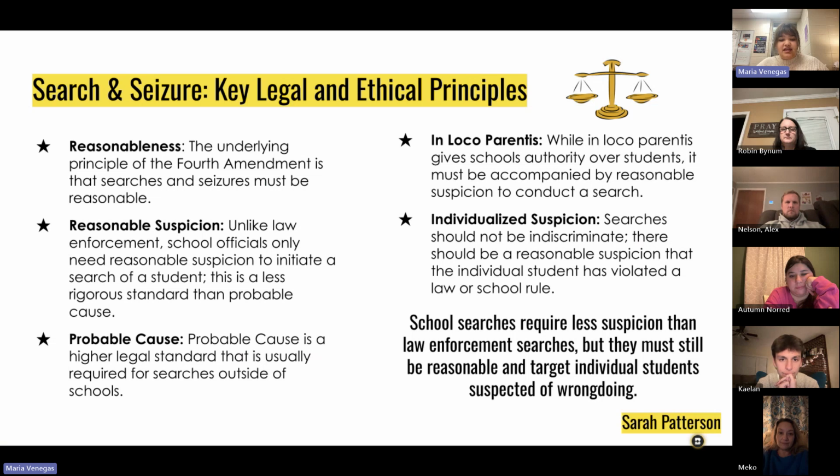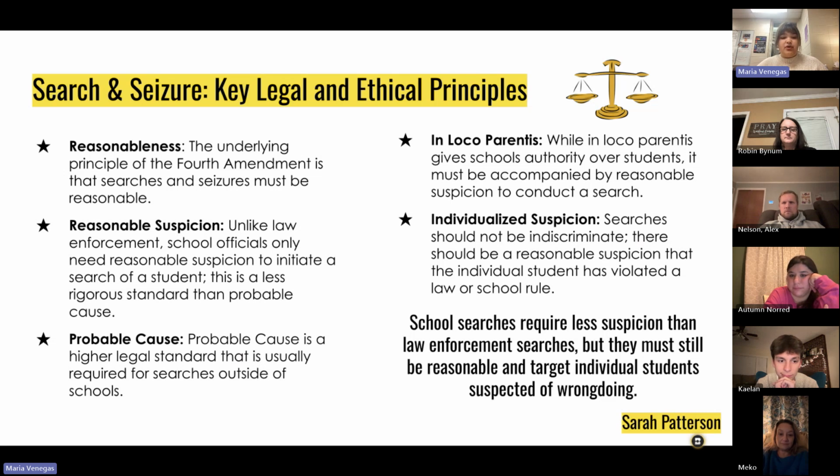So, when looking at key principles related to search and seizure, it's important to know that school officials require reasonable suspicion rather than probable cause to conduct searches. For example, a search can be justified by observable behavior or credible reports of rule violations. These must be specific to individual students.